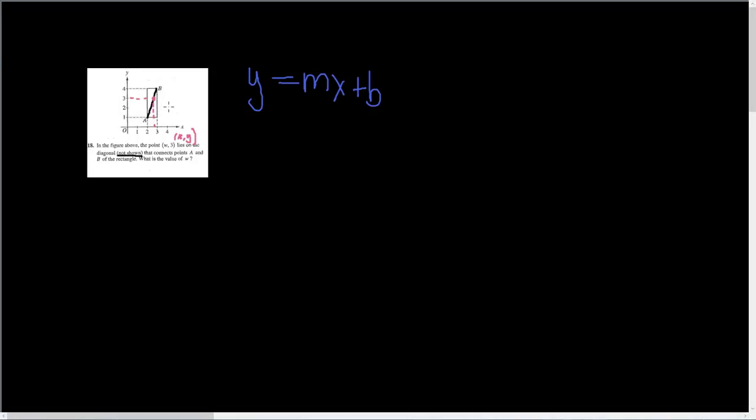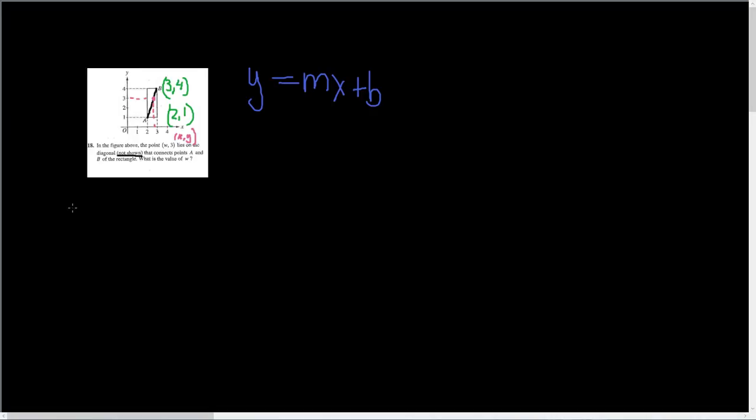We need 2 points, or at least 1 point. We actually are given 2 points, point A being (2, 1) and point B being (3, 4). And 2 points are what we need to find the slope, m. So we can calculate the slope of this line.